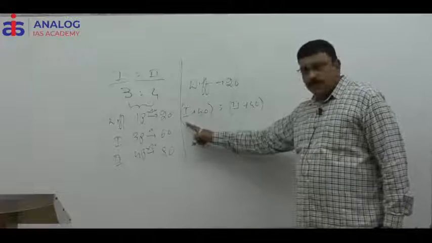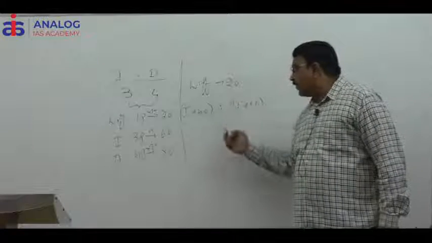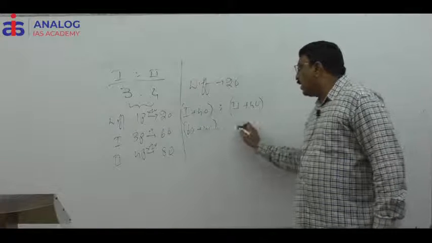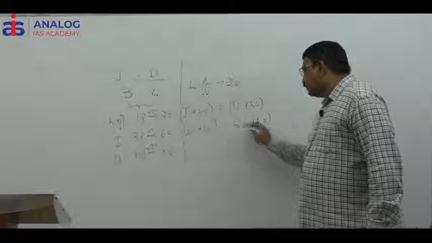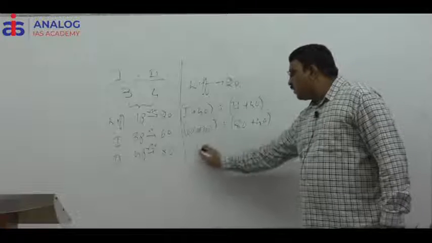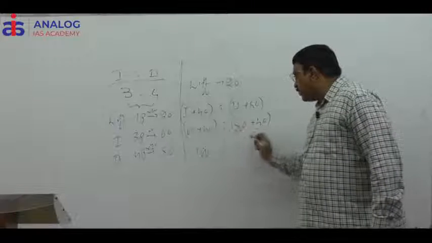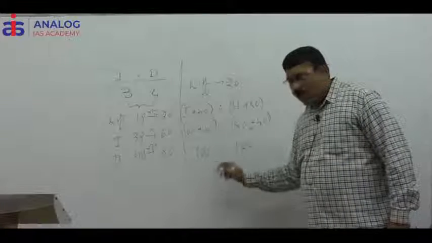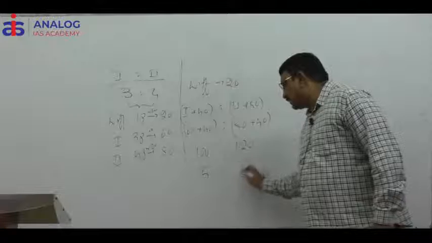So I can write this as: now I need to increase by 40. 60 plus 40, and 80 plus 40. 60 plus 40 is what? 100. 80 plus 40, 120. Now, how much? 25s, 26s.